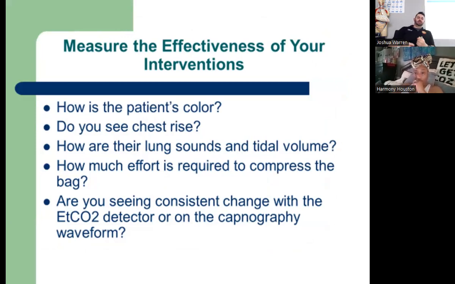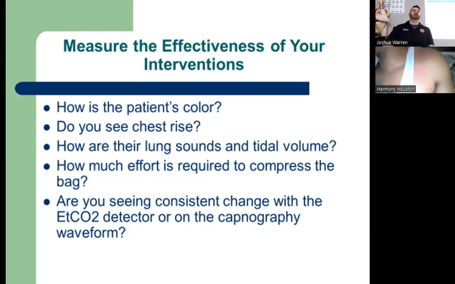So are you seeing changes in the end tidal CO2? Can I see good waveforms? I showed you examples last week of what? Hypoventilation, hyperventilation, bronchospasm in the presence of asthma causing the shark fin. I also showed you where there was incomplete alveolar emptying, where it didn't return back to baseline because there's CO2 narcosis and trapping going on.